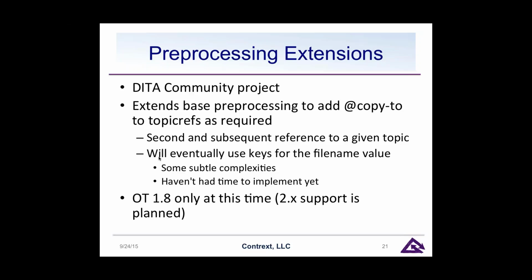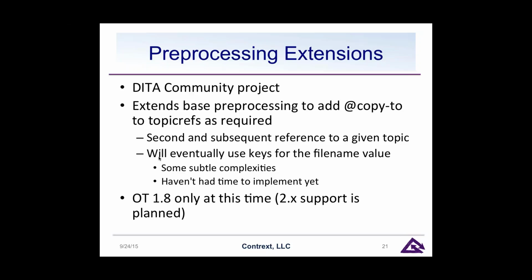I currently don't have that completely implemented yet because there are some subtle complexities there, but I do have a simple version of that working now. I actually forgot to update this slide to reflect that. Currently, this pre-processing extension only works with the 1.8.5 Open Toolkit.